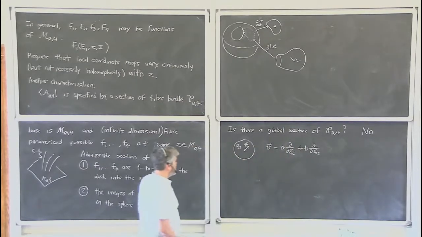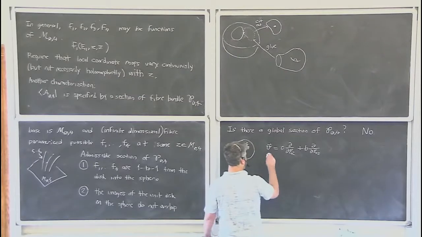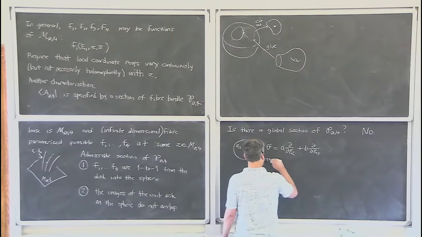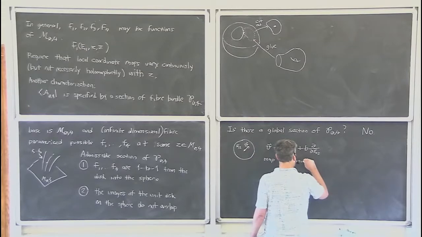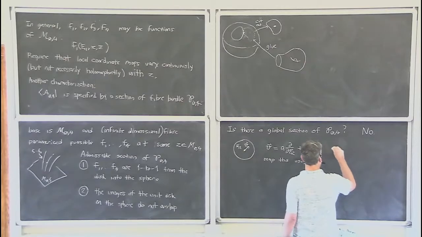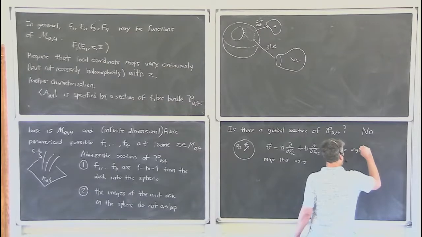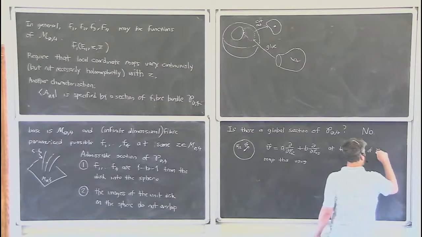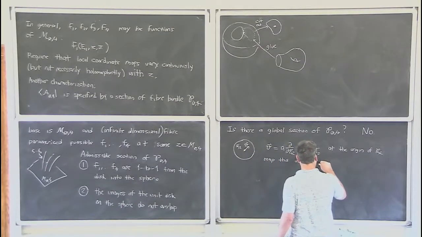So we have a vector field on this disk, a vector which I'm placing at the origin. Then we can map this using our local coordinate map into the sphere.